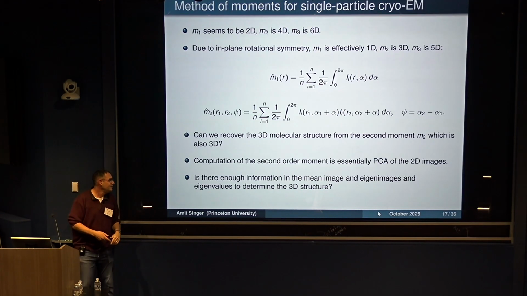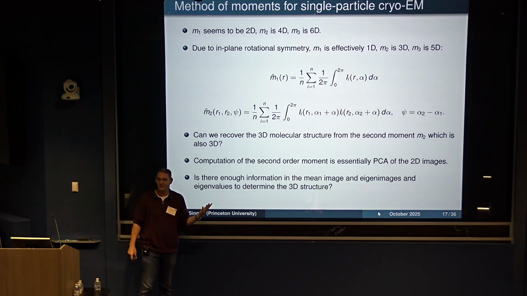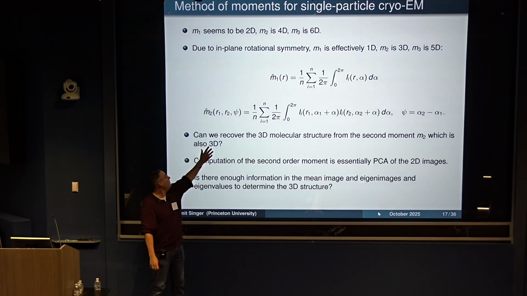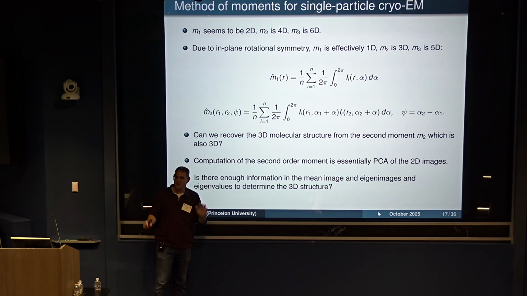Okay, so it turns out that the first moment is not even 2D because of in-plane rotational symmetry. Every image can appear in all possible in-plane rotations. So it's effectively one-dimensional. For the same reason, the second moment is not four-dimensional, it's just three-dimensional. And then you pause for a second.